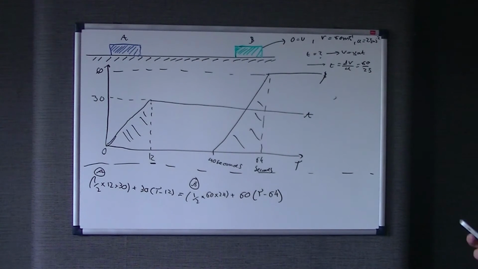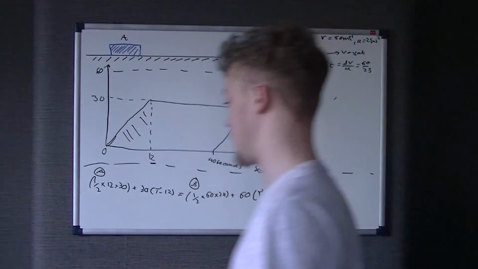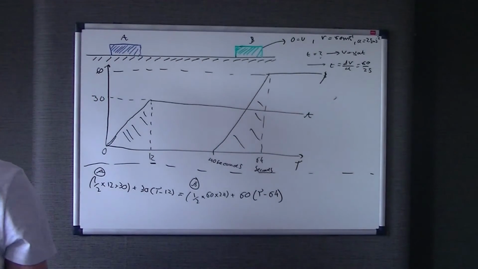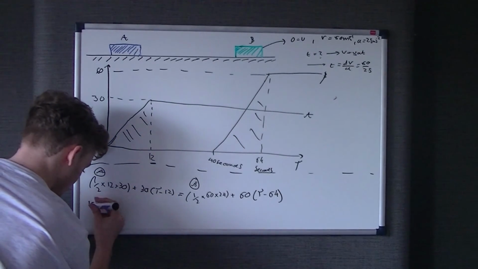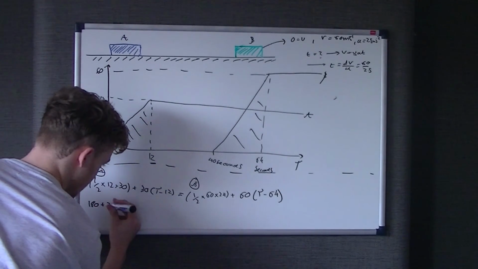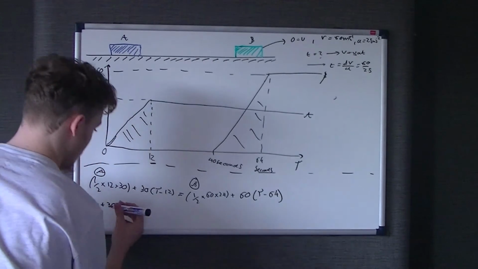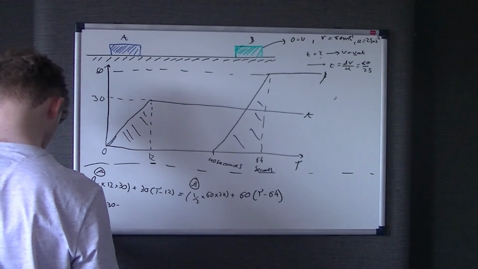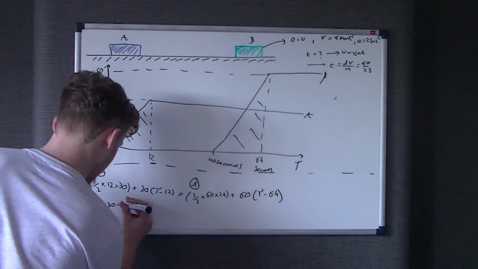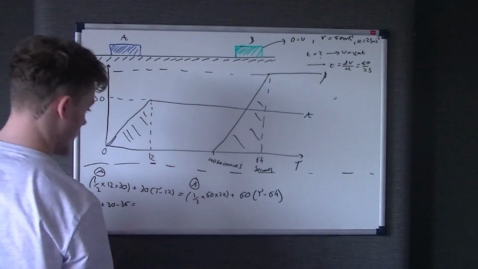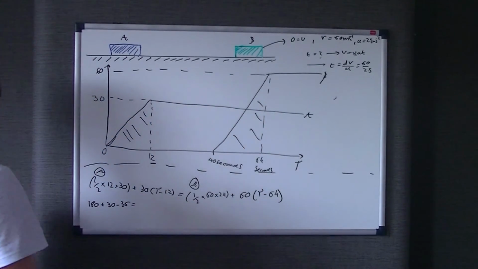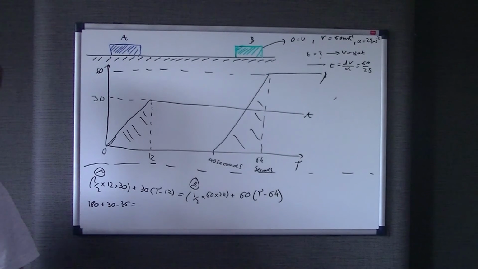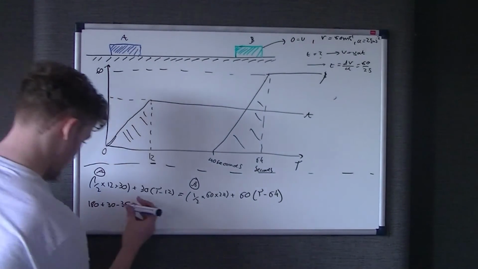Okay, so a half times 12 times 30 is obviously 180, because it's 6 times 30, which is 180. So it's 180 plus 30 times t, take 30 times 12, which is 360, obviously, you know that. And then it's a half times 60 times 24, so if you work that out, just 30 times 24, which is 720.